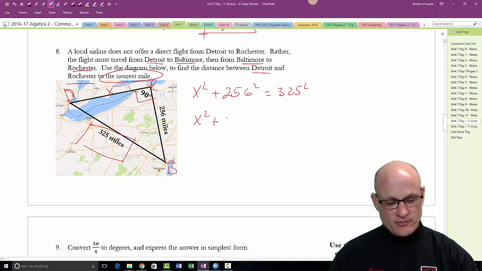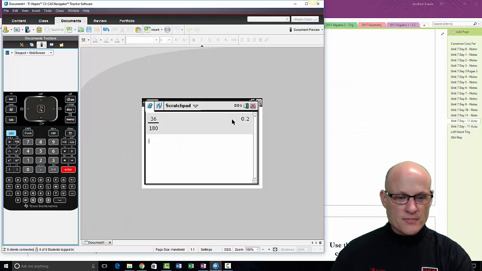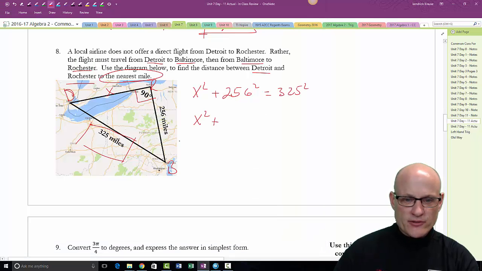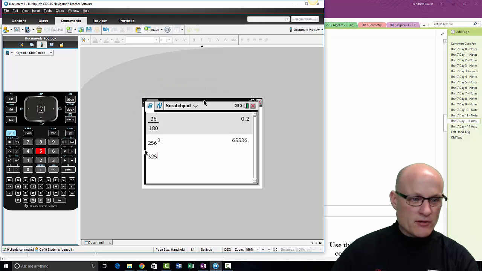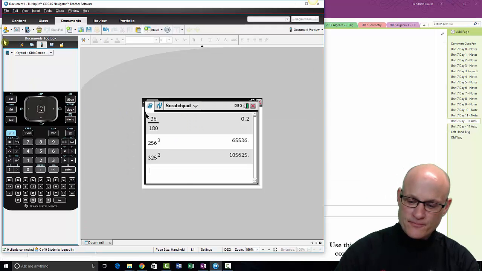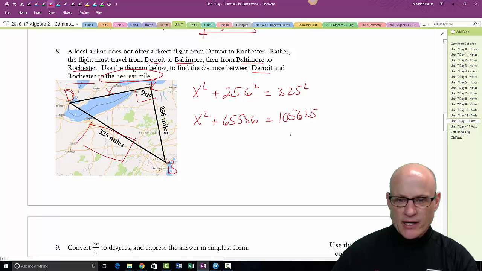This one I don't know off the top of my head, 256 squared is 65,536, and that is equal to 325 squared, which is 105,625. Subtract those, and I get 40,089 is equal to x squared.